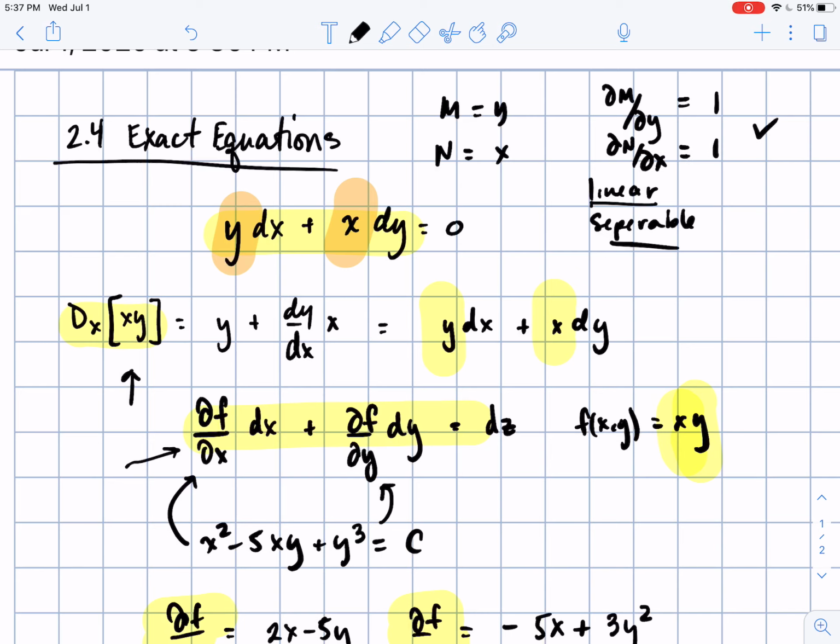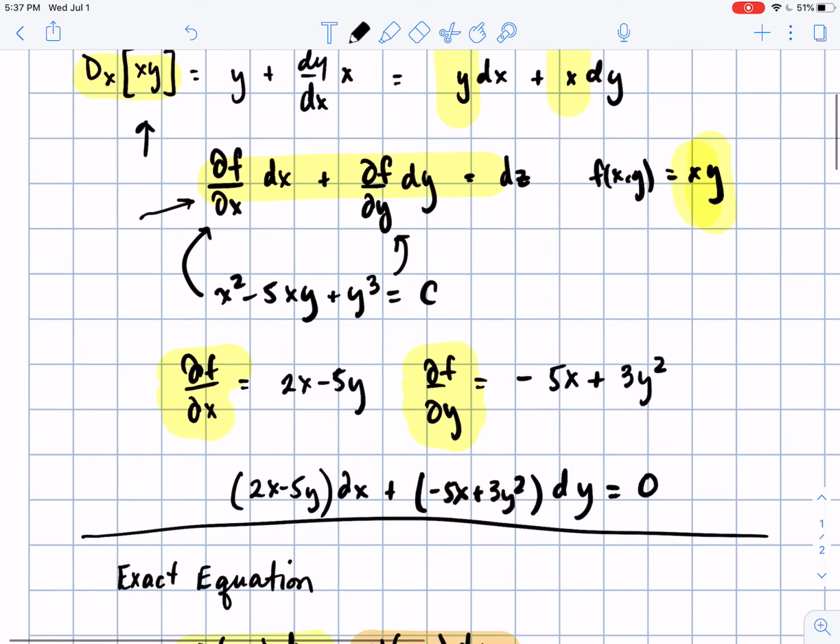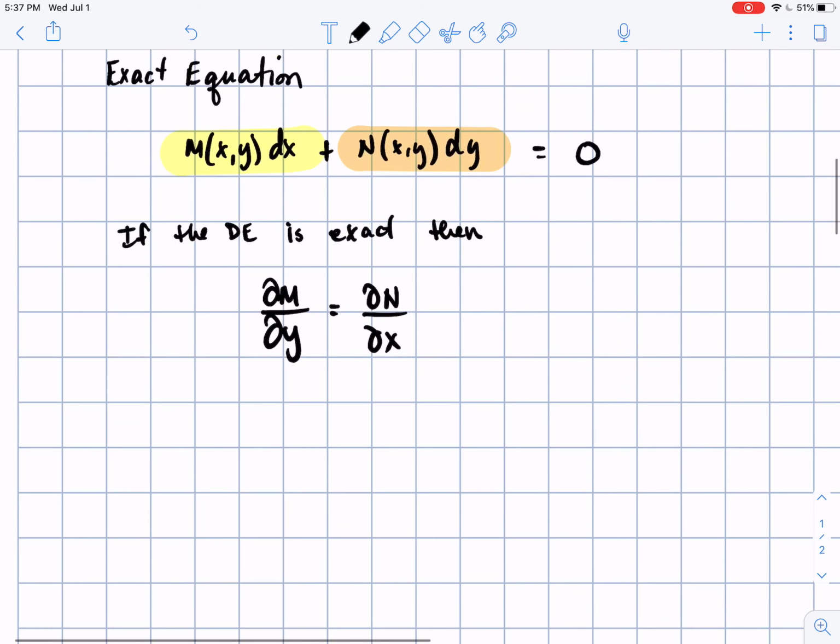So that's why not only is this linear and separable, it's also exact. Okay? All right, so let's go a little further here. So this is number 1. This is to check if a differential is exact.